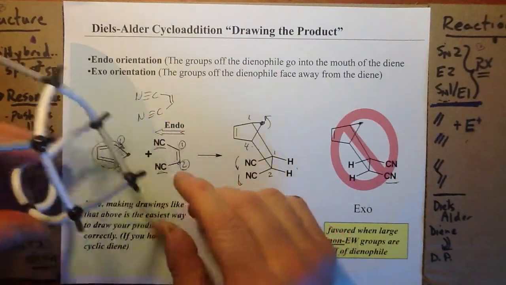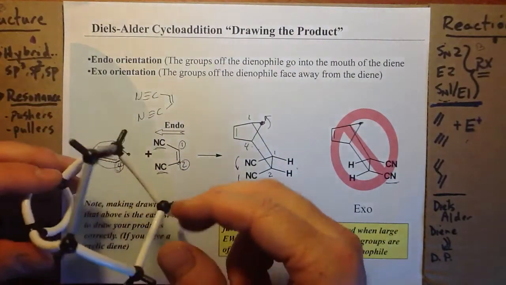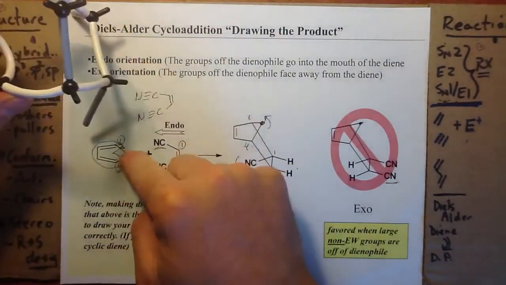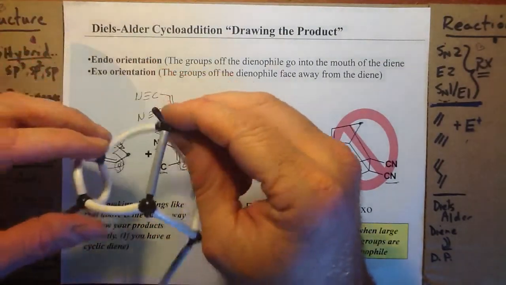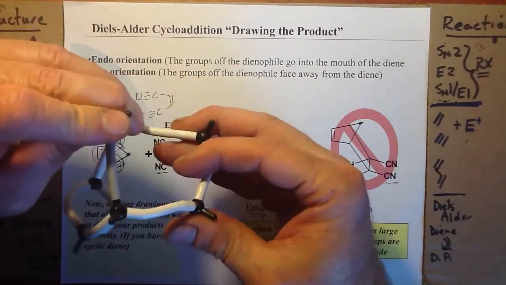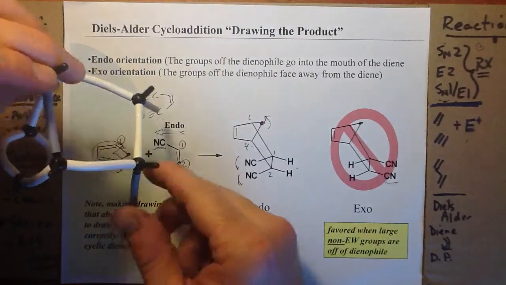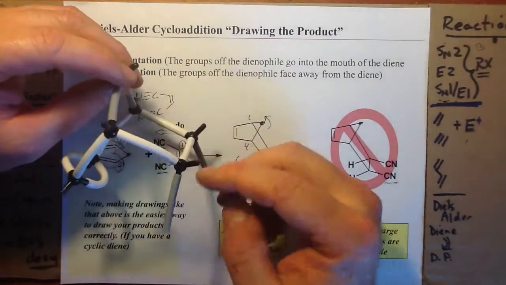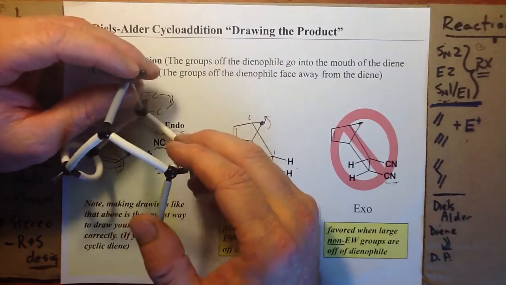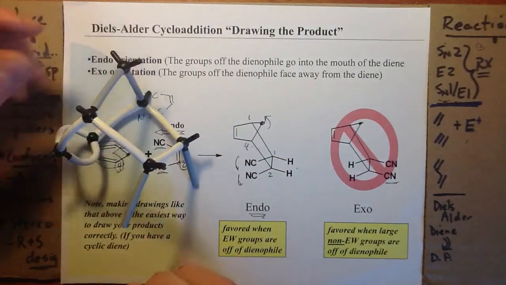We do have that bridge, so we can change its, but it doesn't matter. We can change our perspective on it. That bridge, CH2 group, is here, and the electron withdrawing groups that were underneath as this thing formed are bent away. So this goes up, and these go down, and that's as far away as they can be in this Diels-Alder reaction.